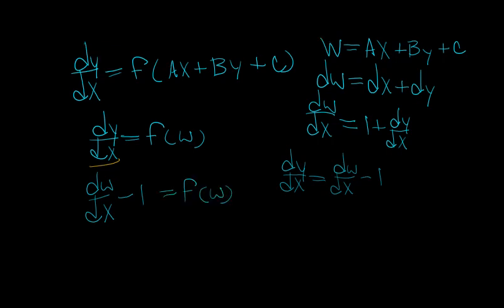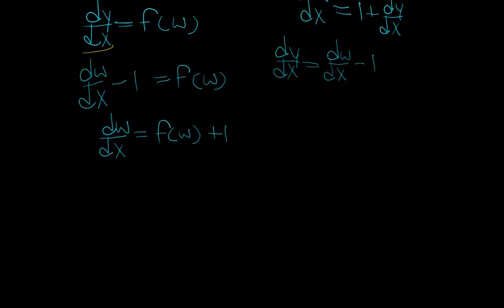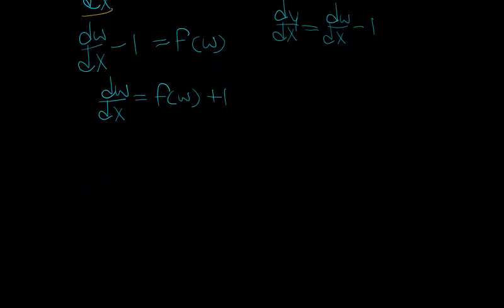So now we have here that (dw/dx minus a) over b is equal to f of w. So that would mean that dw/dx is b times f of w plus a. So at this point we can multiply out the dx.